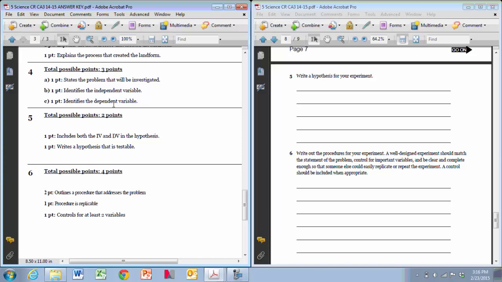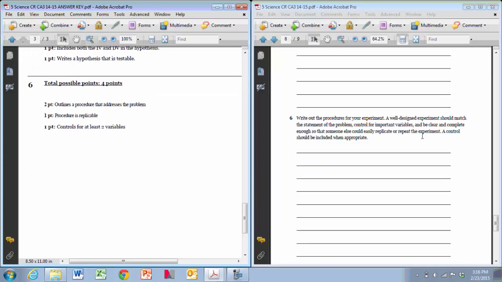One example is that the scholar could write something like, I think the rock salt will cause the ice to melt fastest. Or, I think the table salt will cause the ice to melt the fastest. They will receive 1 point for identifying the independent and dependent variable, and then another point if it's testable, if it's something they can actually design an experiment around.